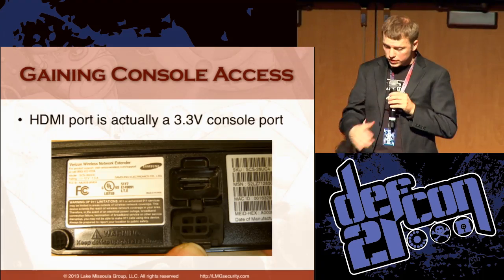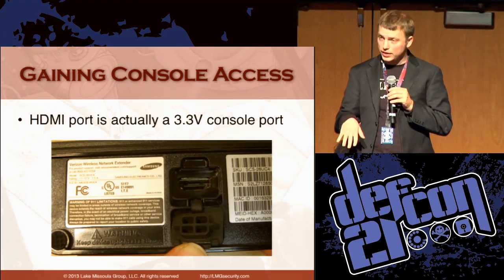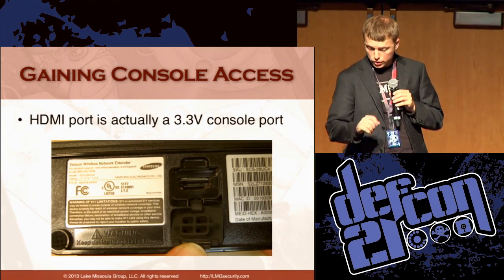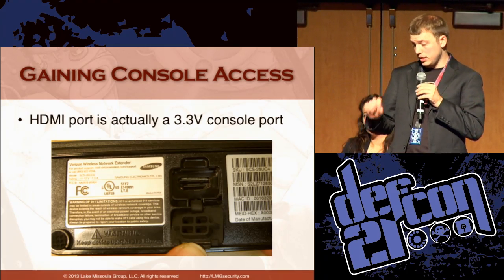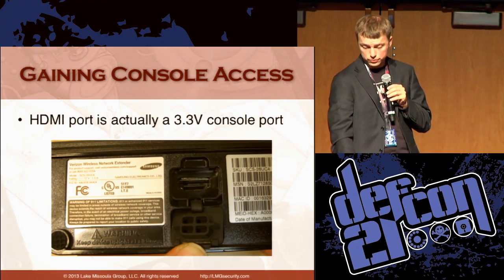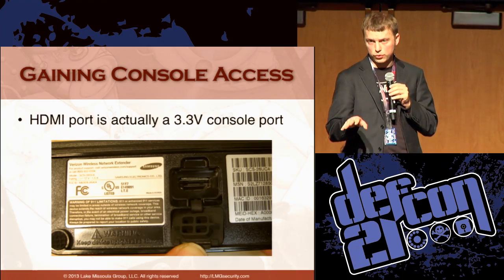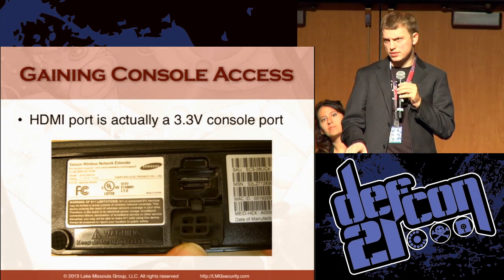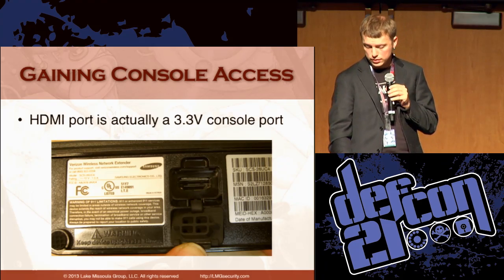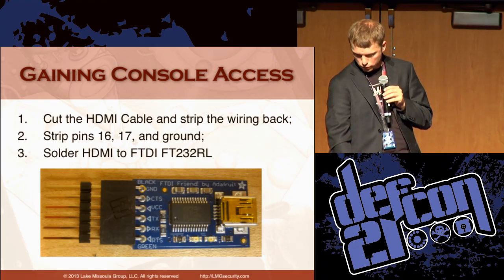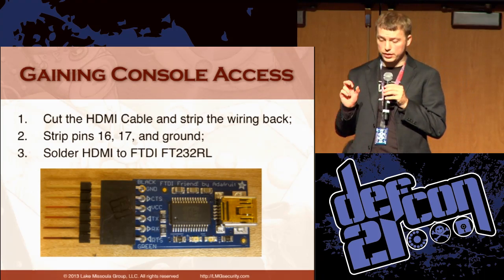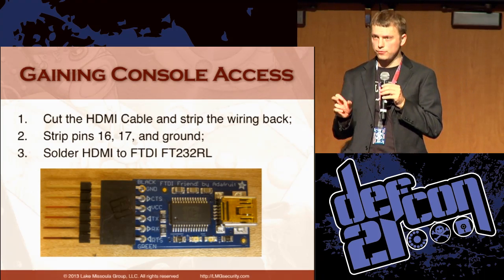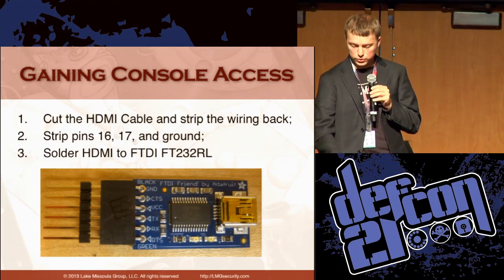So to step backwards a little bit, how do we get root access in console? On the bottom there's an HDMI port. It has 3.3 volt console access on pins 16 and 17. We hook that up to an FTDI friend from Adafruit, just an adapter for USB.